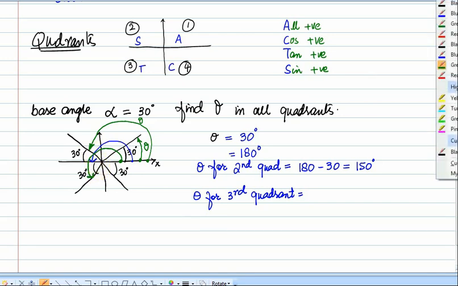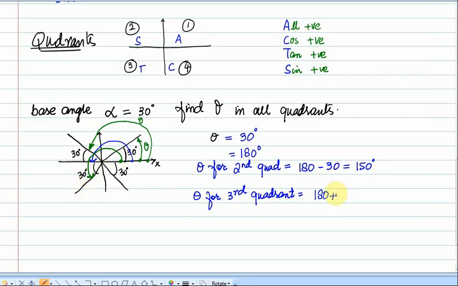Now what we need to do, let's say starting from the x-axis till this point we covered an angle of 180, right? We need a further 30 degrees to reach this line, that is equal to 180 plus 30, and the answer is 210 degrees. That is the theta for the third quadrant.